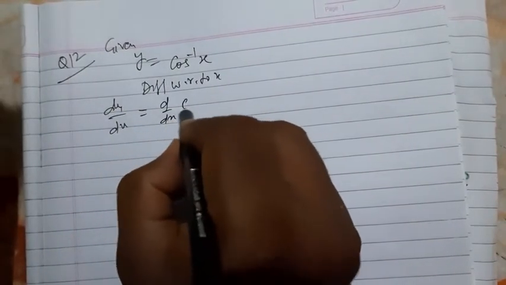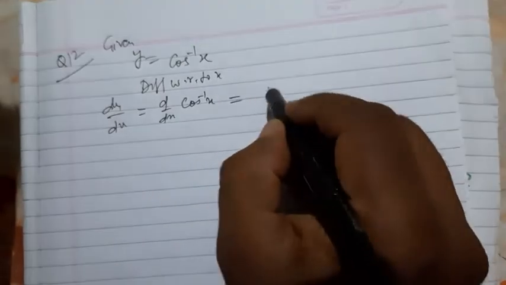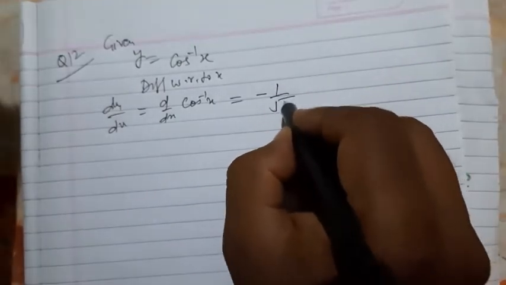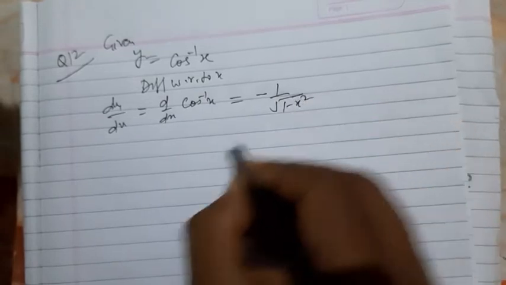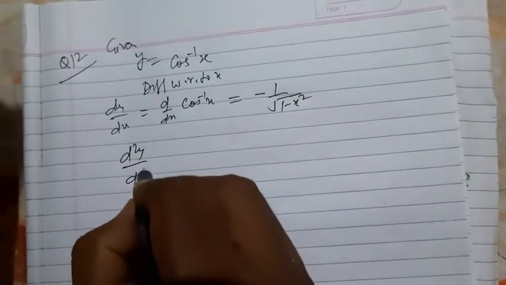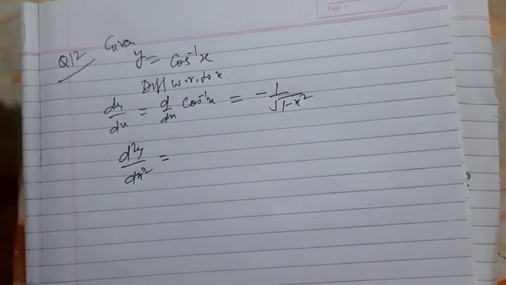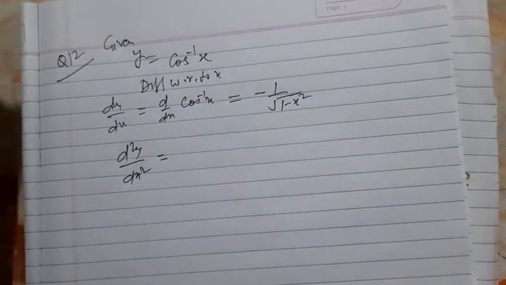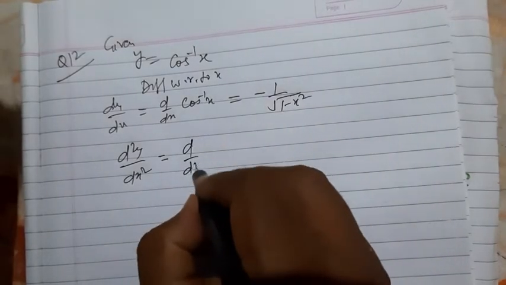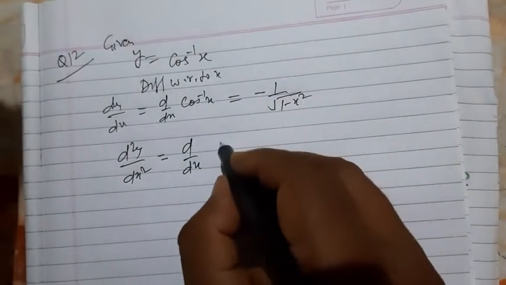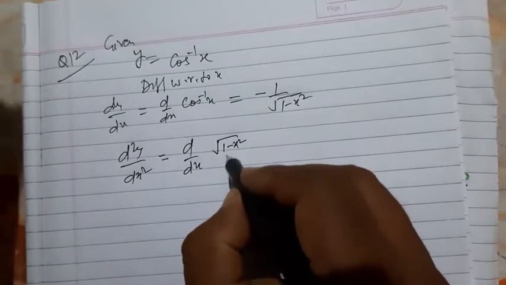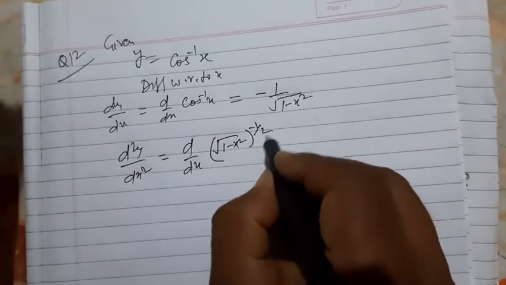Find the second derivative, meaning differentiating with respect to x, that is dy upon dx is equal to dy dx of cos inverse x, then you get minus 1 upon under root 1 minus x square. Second derivative d2y upon dx square, then you get dy dx of, you can write it as under root 1 minus x square to power minus 1 by 2.